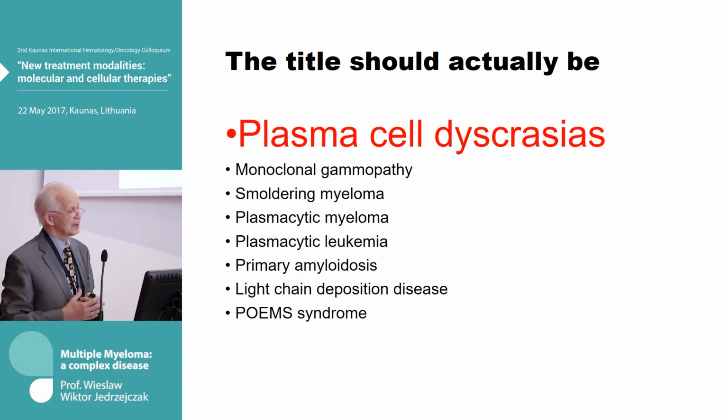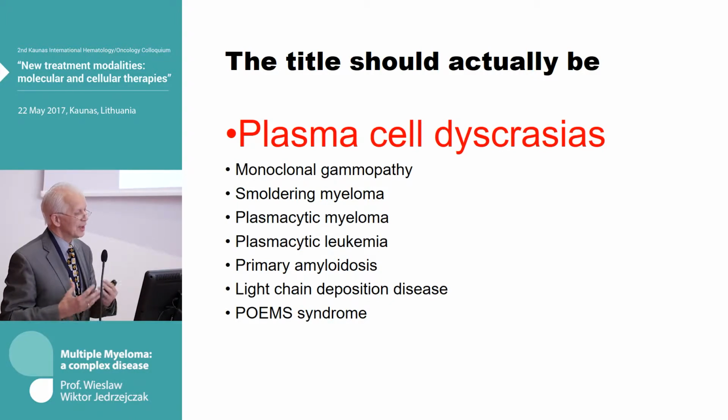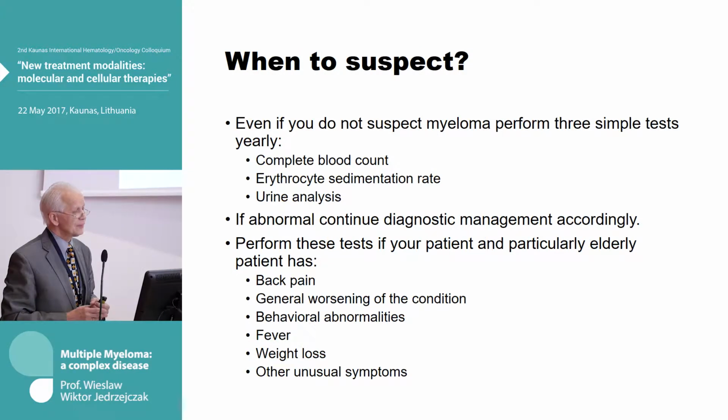They start from monoclonal gammopathy, which by itself is not considered something that requires treatment, similarly smoldering myeloma, and then there is fully blown plasmacytic myeloma. The most advanced stage of this is plasmacytic leukemia, but it could also be the so-called primary amyloidosis, light chain deposition disease, and POEMS syndrome, and I will elaborate on this a little bit later.